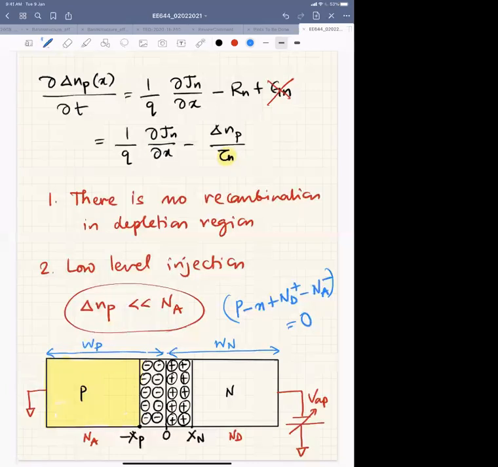So let's say in the equilibrium condition, when I'm not injecting electrons, I had Na minus. This is a p type doping region, so there you don't have Nd plus, the donor ions will not be there on the p side.